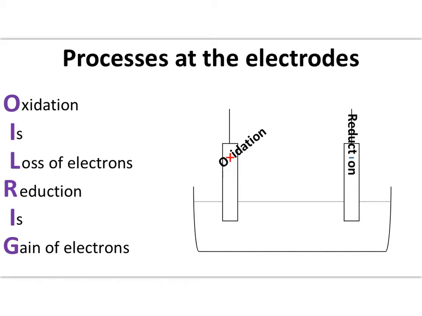Just remember that this does refer back to the first part of the chemical changes topic that we did, which was redox, where we had both reduction and oxidation taking place at the same time, and that's all to do with the loss and gain of electrons.